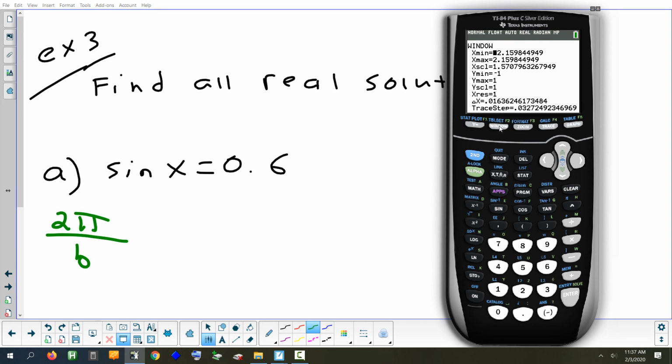What I want to do so I don't get confused though, is I don't want to look at more than one cycle. Just set it to one cycle. So Caleb, we're in radians. What was the cycle for sine? That's a quarter of a cycle. 2 pi.